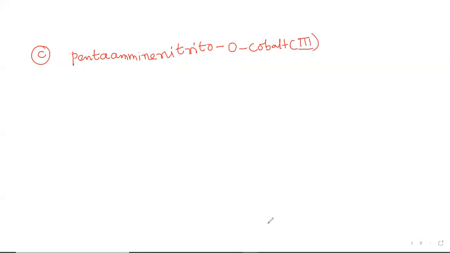So if you see this name, cobalt is the central metal, associated with the 5 NH3 ligands, monodentate ligands. It is very clear. Another ligand is nitrito-O, not nitrito-N.